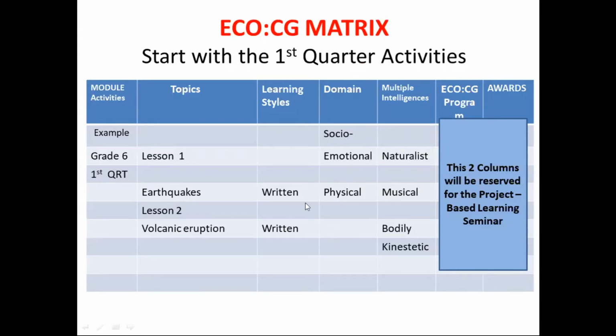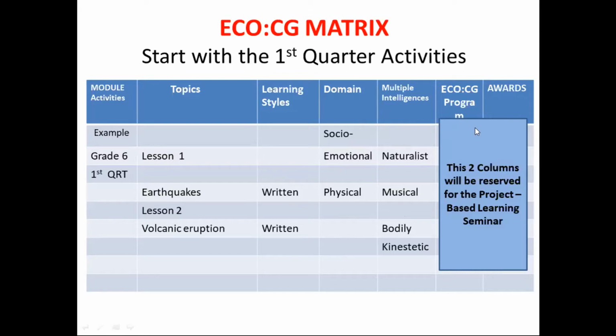How about the other domain? How about the spiritual? So meaning you need also to tap in every quarter. You must have touched the spiritual. And then for multiple intelligences, be sure that it is spread out on the different types of multiple intelligences.